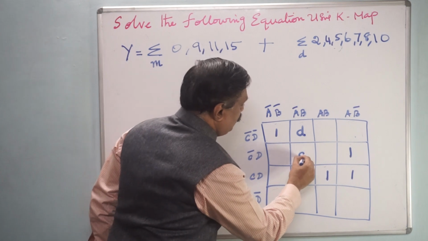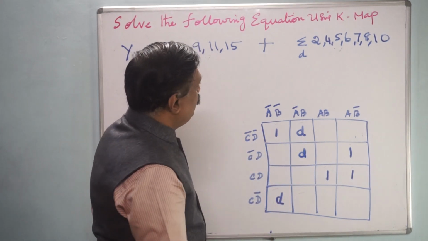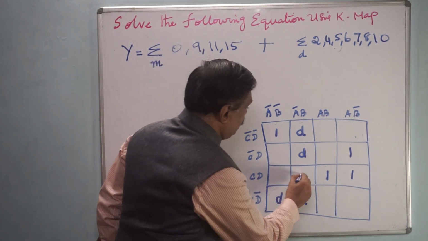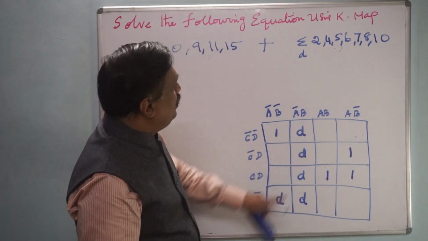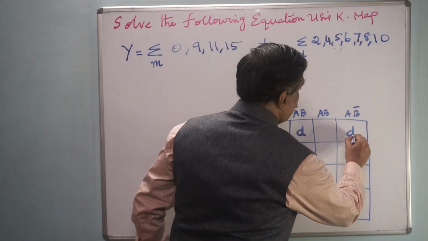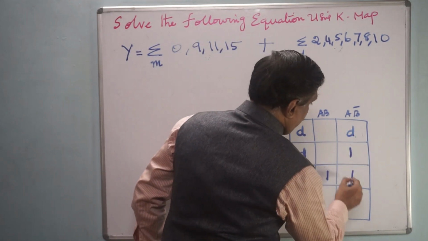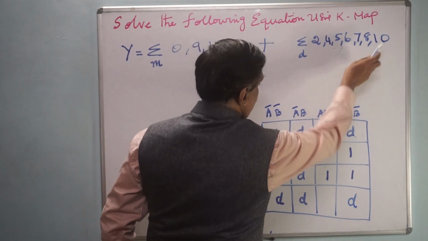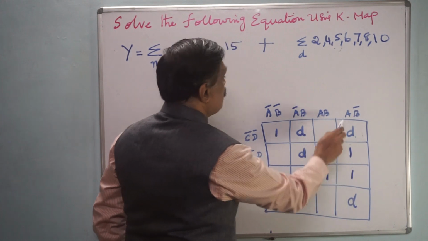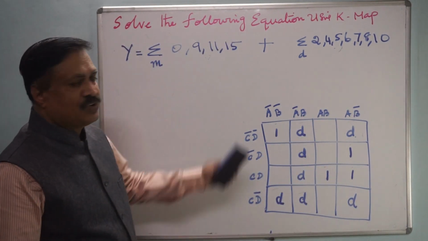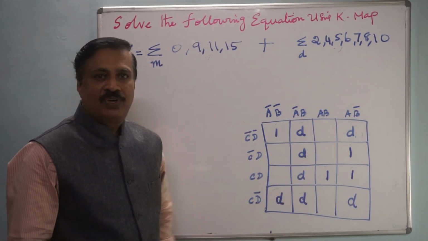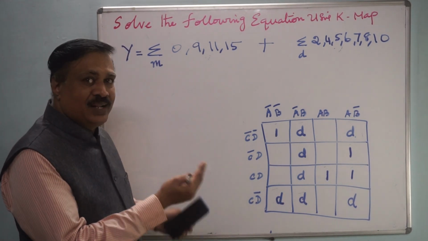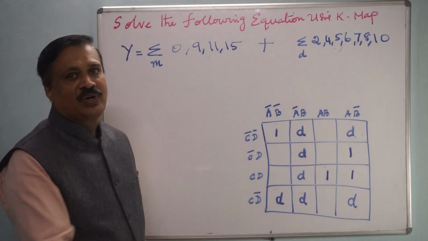And 5 you fill D, and 6 D, and 7 D, and 8 D, and 10, 11 D. How many? 1, 2, 3, 4, 5, 6, 7. Seven D's we have filled. Seven D's they have given. I have particularly given many D's and fewer ones to help understand the concept of the don't care condition.